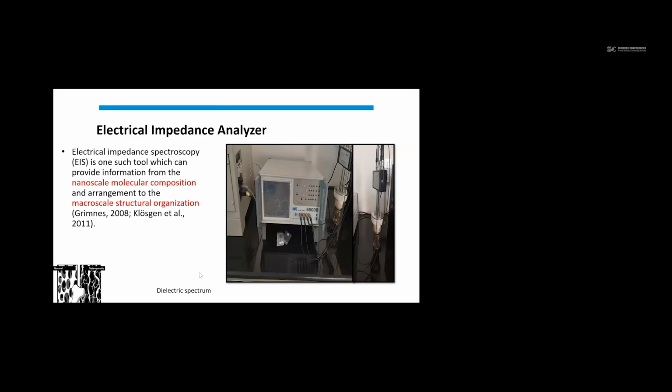You can see here the electrical impedance analyzer, where these probes are, and this is the sample holder. Right now we are working on an animal model, but you can design the electrodes according to the human being as well.